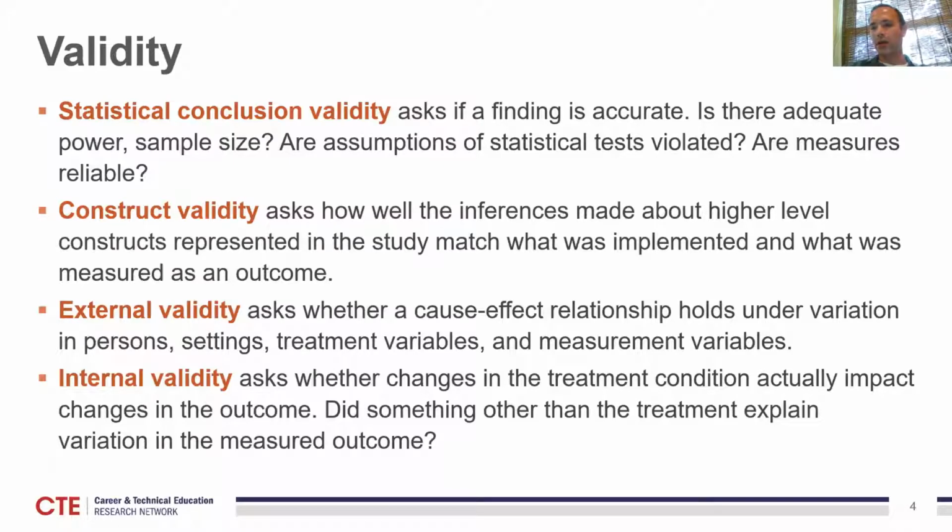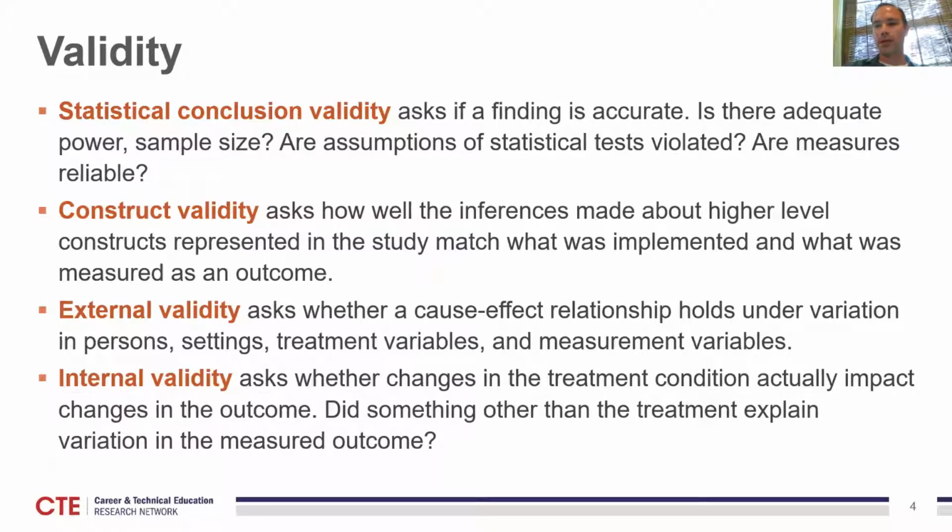Construct validity refers to how well the inferences made about higher level constructs represented in the study match what was actually represented and what was actually implemented, and what was actually measured as an outcome.